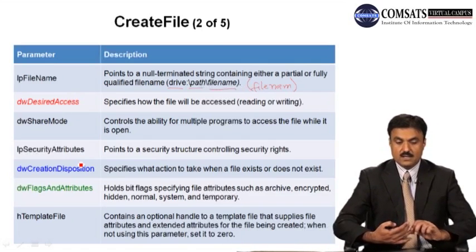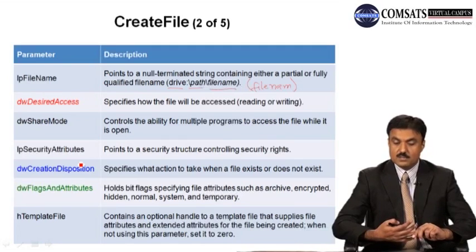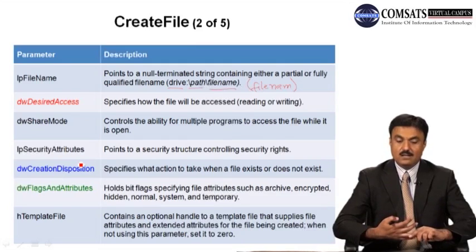And then there's lpSecurityAttributes. So there are security attributes for controlling the security rights. And then creation disposition. In this creation disposition, it specifies what action to take when a file exists or does not exist and so on. And then dwFlagsAndAttributes.